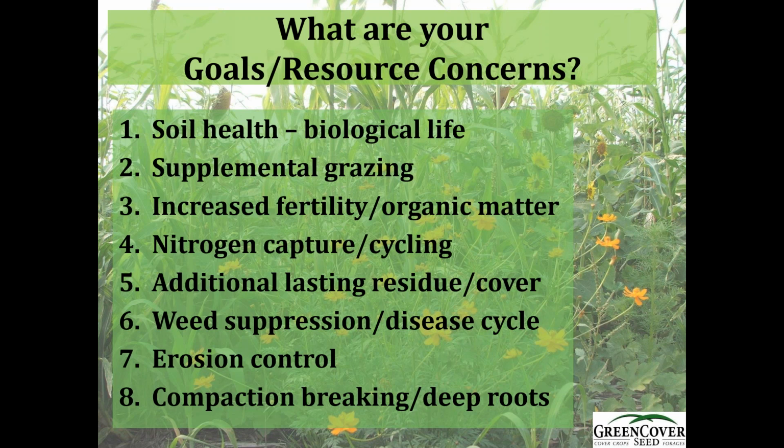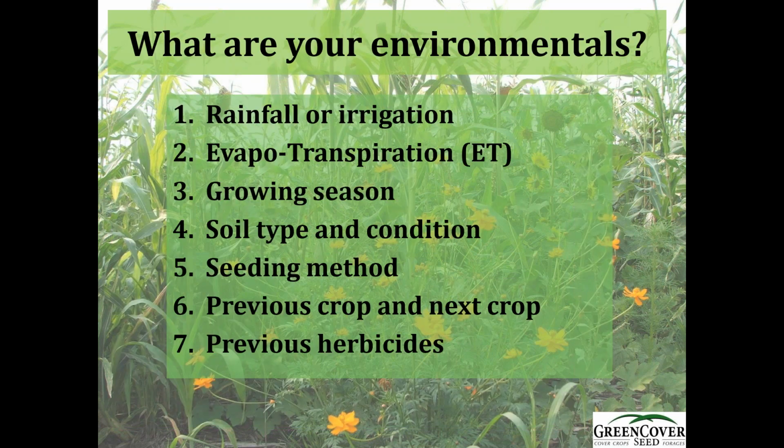Because when we produce a lot of nitrogen from a legume, it breaks down pretty quickly. It has a low carbon nitrogen ratio. That residue is not going to last very long out there, and so you'll have bare soil. And that may be okay with what you're wanting to do, but you can't accomplish both of those goals very well at the same time. So before you design your mix, you have to kind of know what you're trying to accomplish, what you want to address for your concerns before we can help you put the mix together.